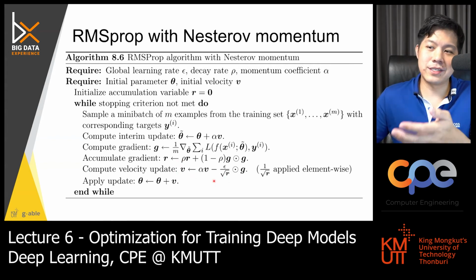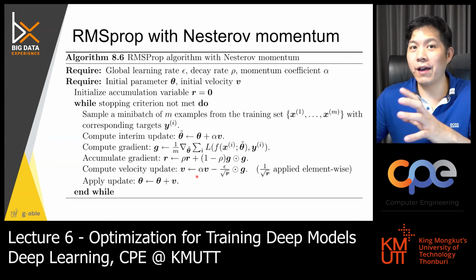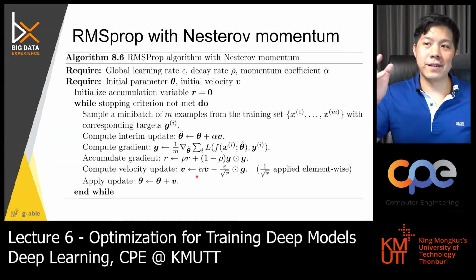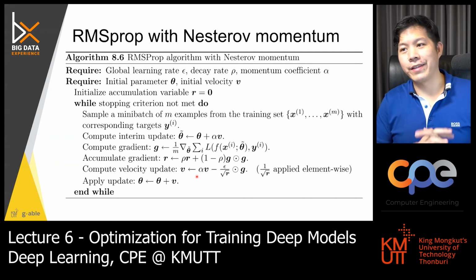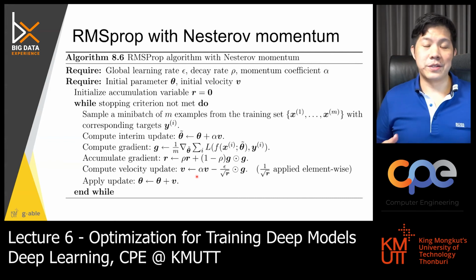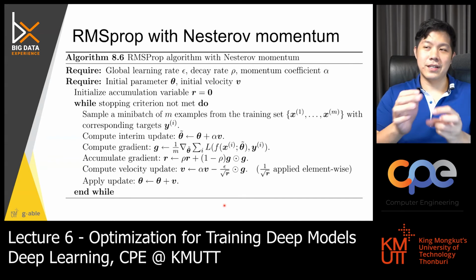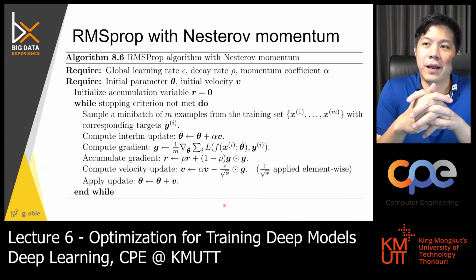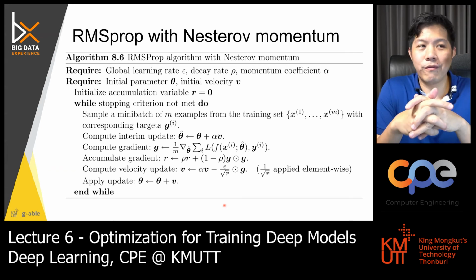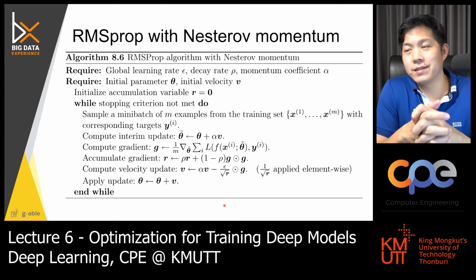Okay, and then adjust the momentum. Now we have both momentum and adaptive gradient altogether, and then apply the update here. Okay, this is RMSProp, which you can think of as an extension of AdaGrad.